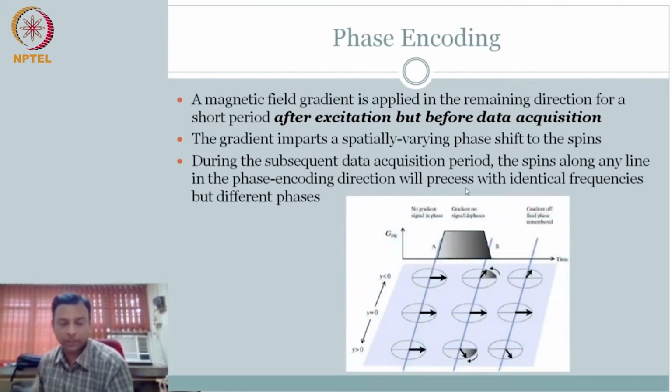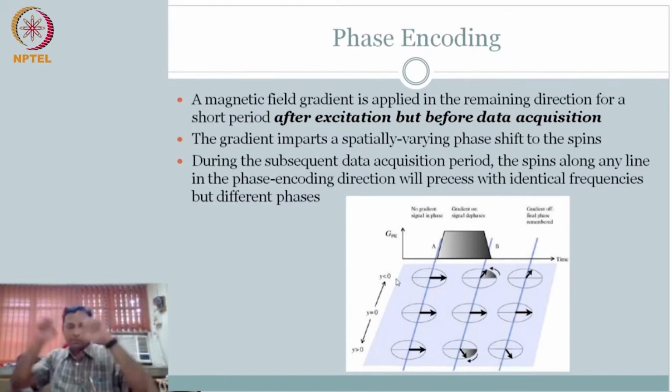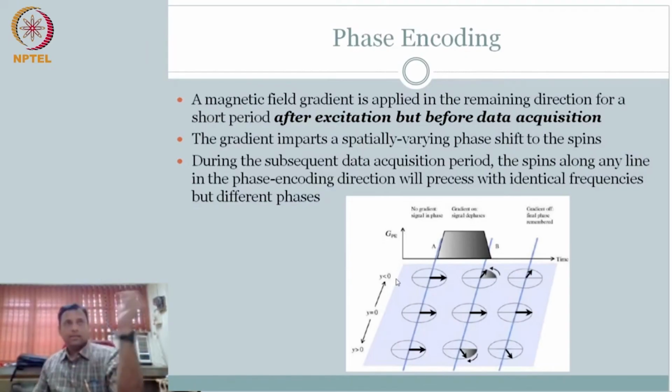To put it in a picture, this is how. So this is a picture of the time axis and what happens over time for a given y-axis. If you notice at the beginning, along the y-axis, when you have a volume, you have a signal. Every voxel in this plane has the same Larmor frequency, and everything is in phase.